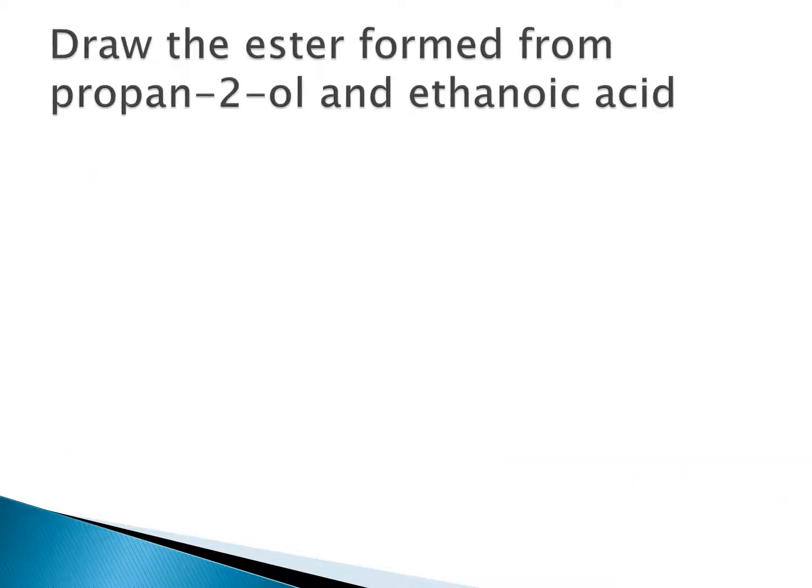Now, an interesting question that you might have to answer is to draw an ester that's formed from an alcohol where the functional group is not on the carbon on the end, so like propan-2-ol. Now, you would not have to name this product, but you should be able to draw it. So let's take a look. Okay, propan-2-ol and ethanoic acid.